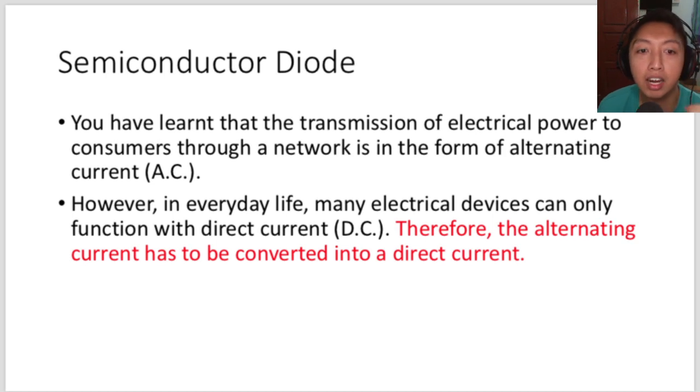We know that when we supply electricity in those big cable lines that you see outside, it is usually in the form of alternating current, right? Alternating current is a type of electric current that keeps on changing directions. So there's no real positive or negative side, because which side is positive and which is negative is always changing. However, in everyday life, many electrical devices can only function with direct current.